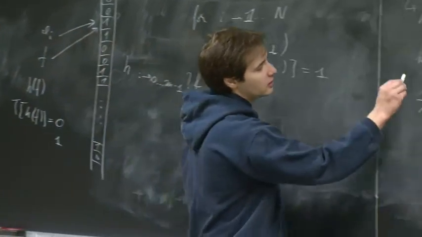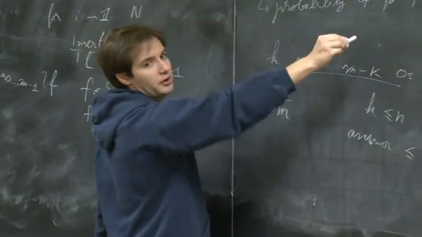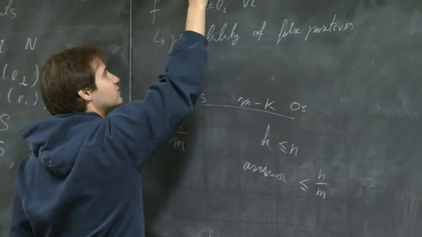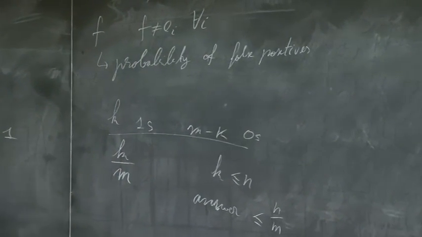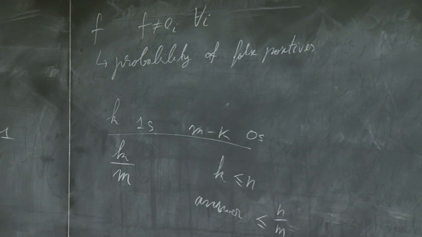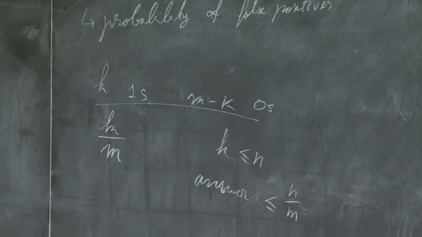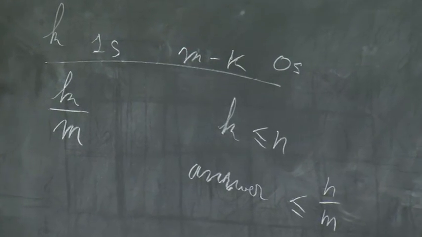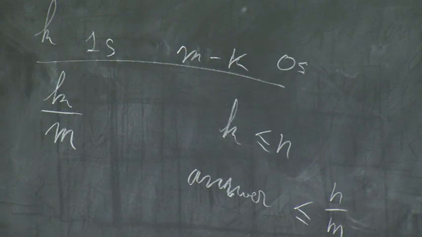Okay, so now by looking at this, we got rid of this part of the problem. We don't care that there's a new element. We don't care that it's a false positive. All that we care about is how many ones do we have in the table after inserting n values. Well, what's that?